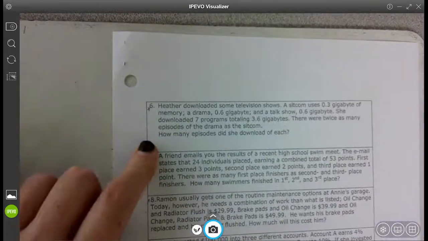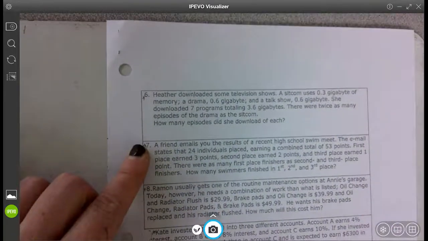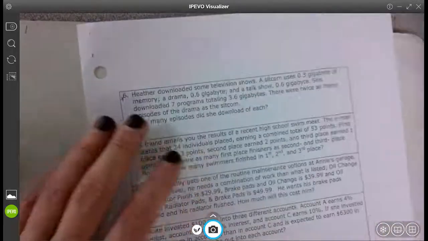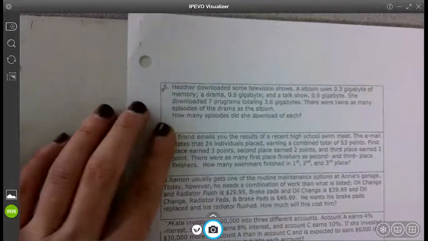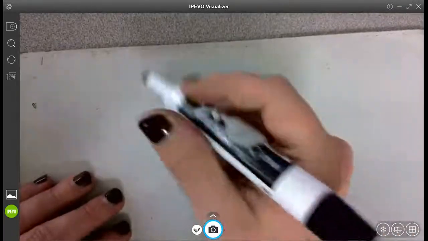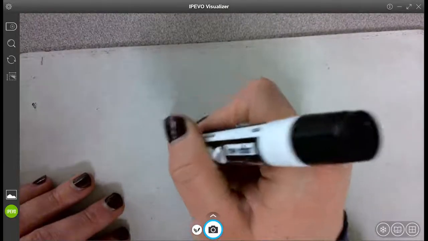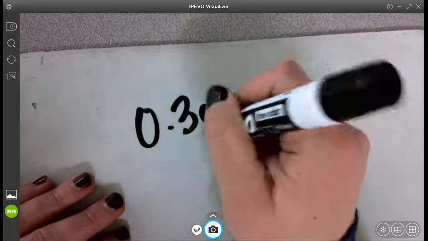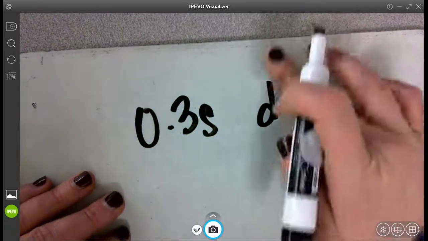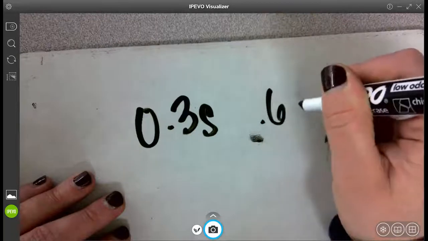Let's do number 6. Heather downloaded some television shows. So yes, you don't have to do these 2 in your homework. Okay, Heather downloaded some television shows. This is a good one. A sitcom uses 0.3 gigabytes. A drama had 0.6 gigabytes.